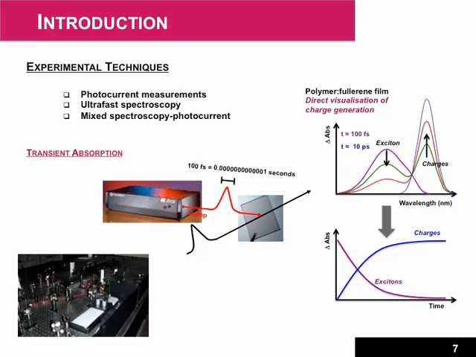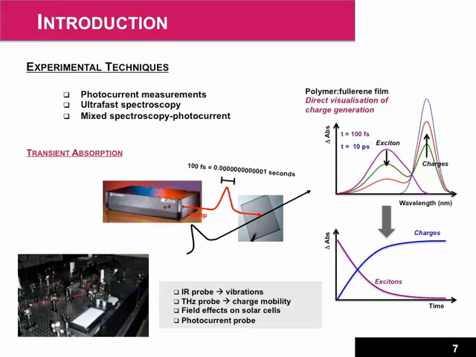Actually, we don't just do it in the visible range, but we combine a lot of different experiments. For example, instead of measuring the absorption spectrum of your excited sample, we can measure the infrared spectrum to look at the vibrations. We can do terahertz spectroscopy, so this is the far infrared, and this will also give you information about the mobility of your charges.